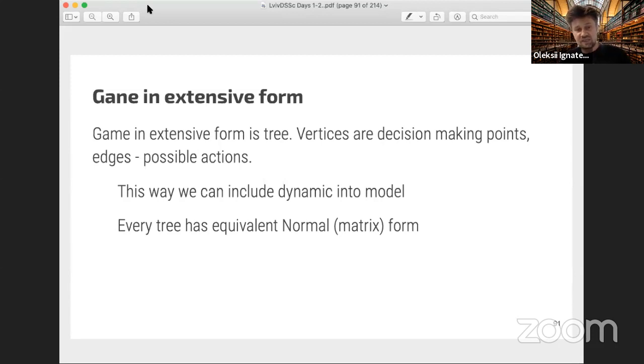A game in extensive form is basically a tree. You have an initial point, it's always one point. Then you have vertices that are decision-making points, and edges that are possible actions, and each vertex is connected with some player who has an action to choose.